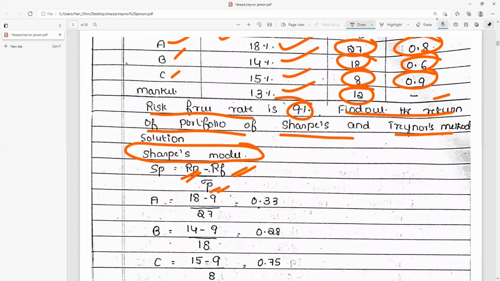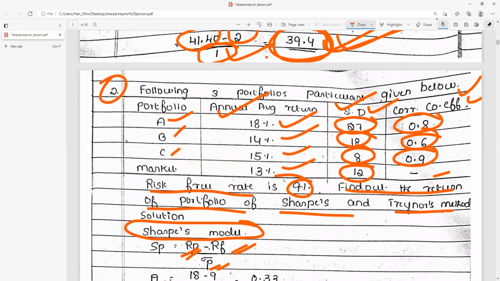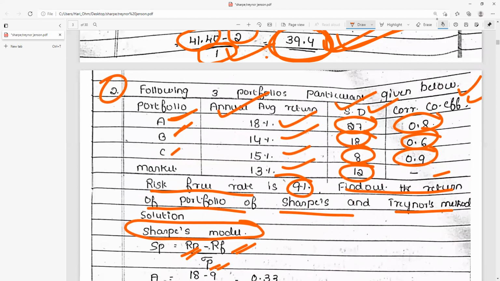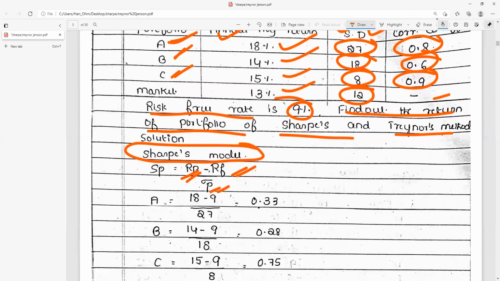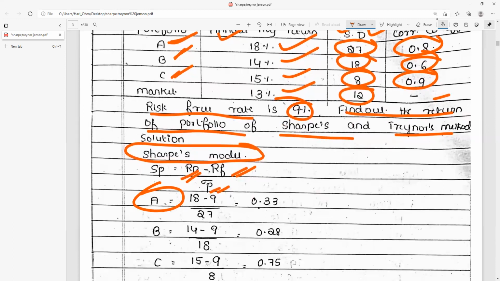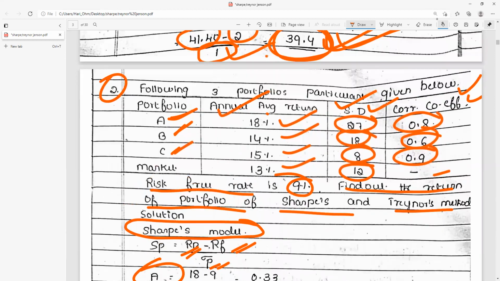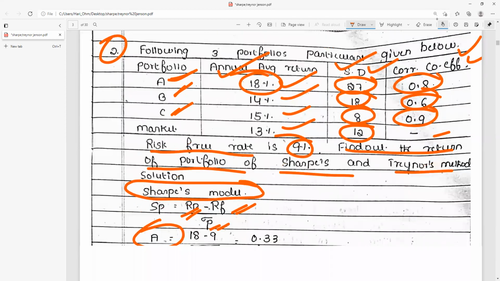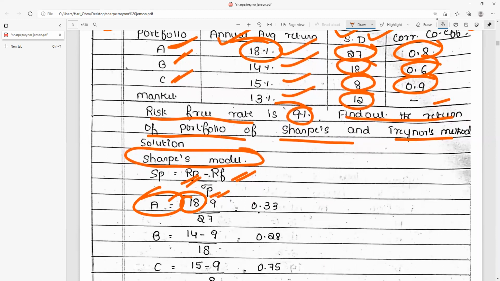You have to work out the average annual return for A, B, C separately. For portfolio A, the return is 18. RF is the same, 9, for all portfolios. The risk-free rate is the same.